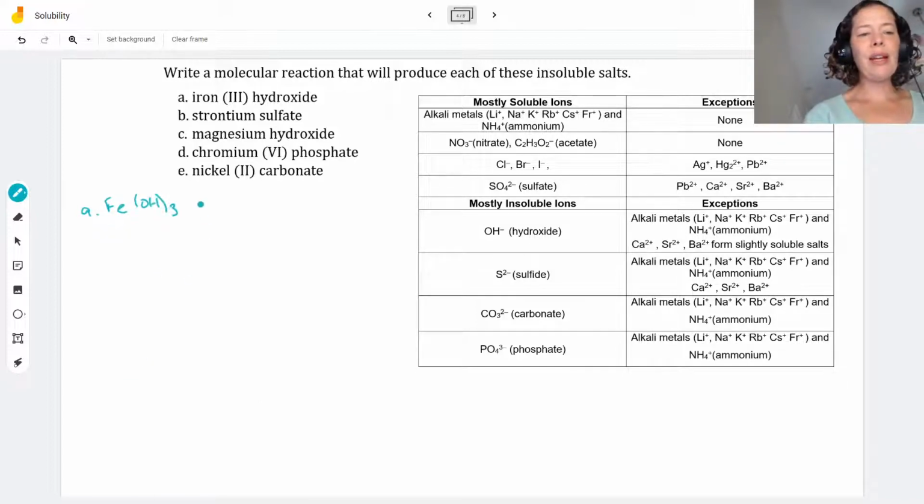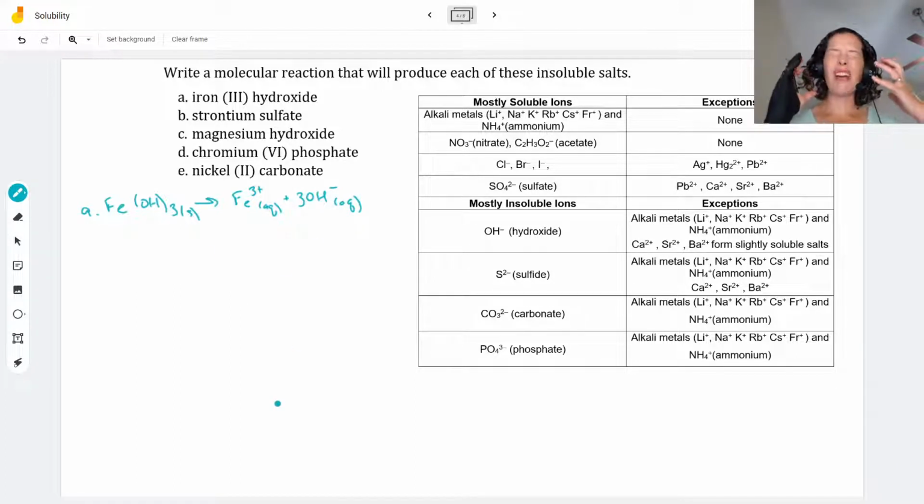So that'll be that. That means I need something with an iron 3 cation and something with a hydroxide anion. But I need both of these to be aqueous, if that makes sense. That one's going to be solid, and you can put a 3 there, but really we're just thinking about this. We're not actually writing the equation yet.